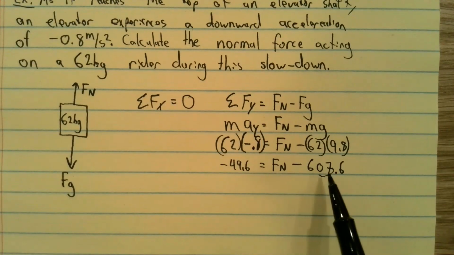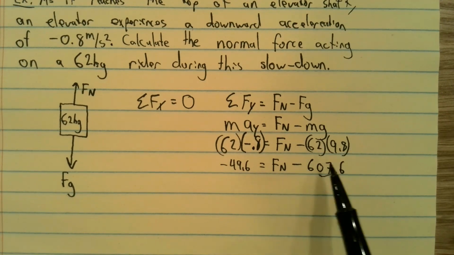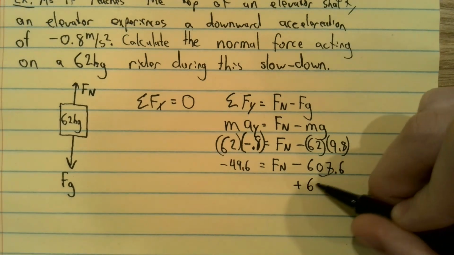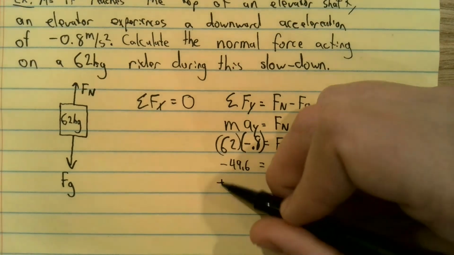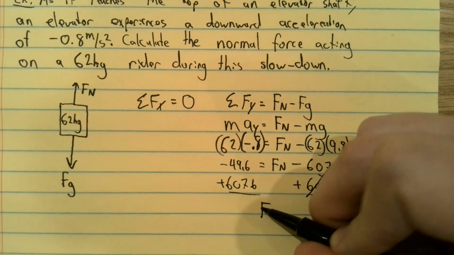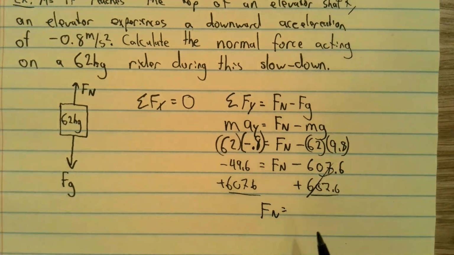Right here, 607.6, this is FG. 62 times 9.8, that's FG. But when I solve for Fn here, when I add 607.6 to both sides, I'll find that Fn is less than 607.6.